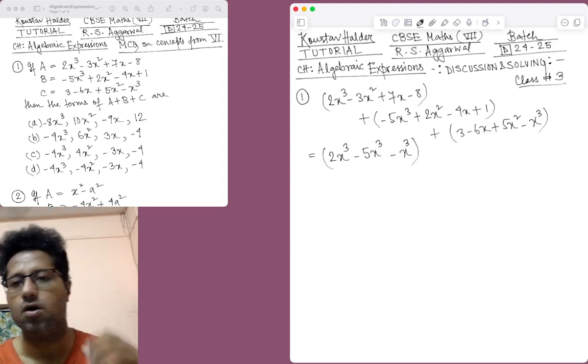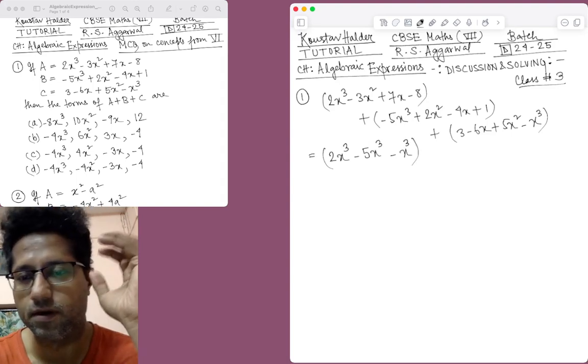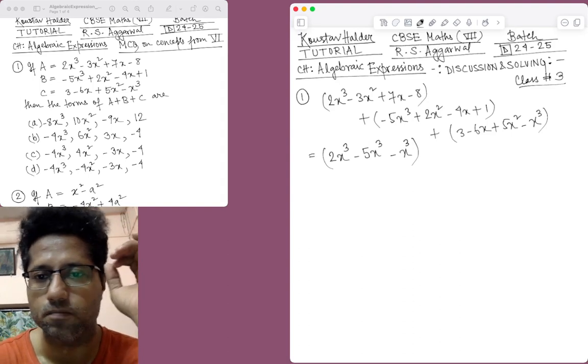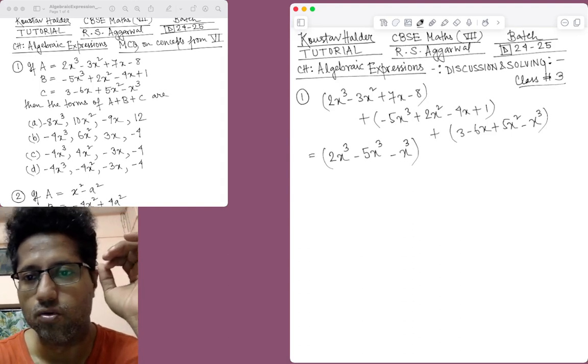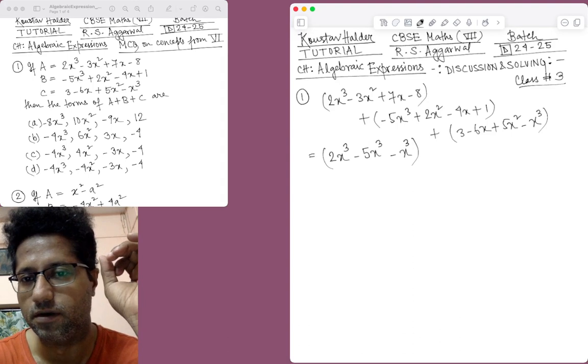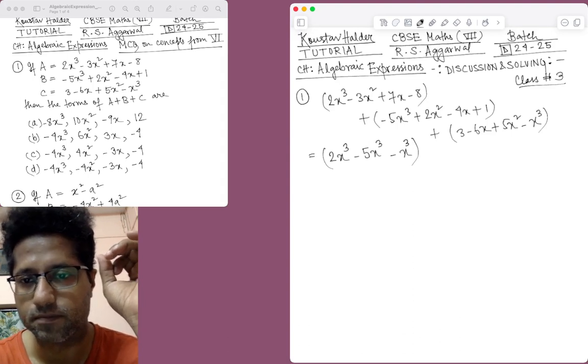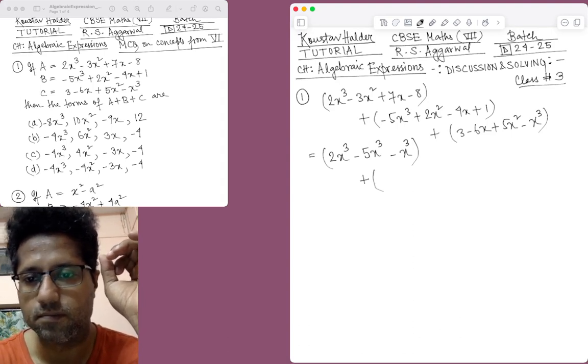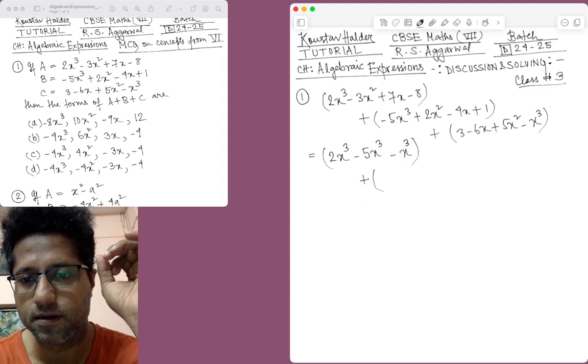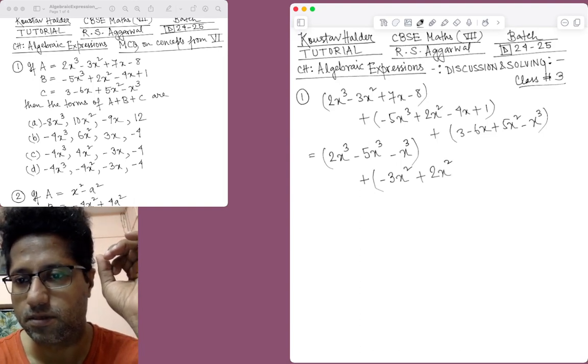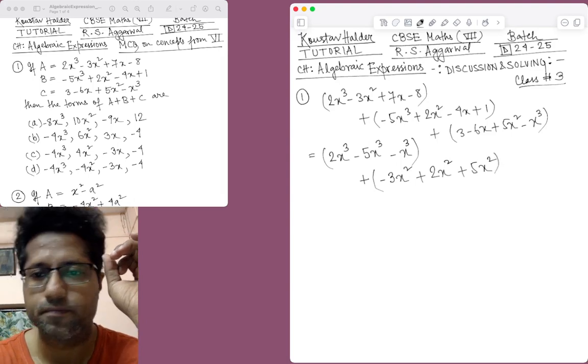Similarly, I will do it for all the like terms where the literal coefficient is x square. From the first expression I get minus 3x square, from the second plus 2x square, and from the third plus 5x square.